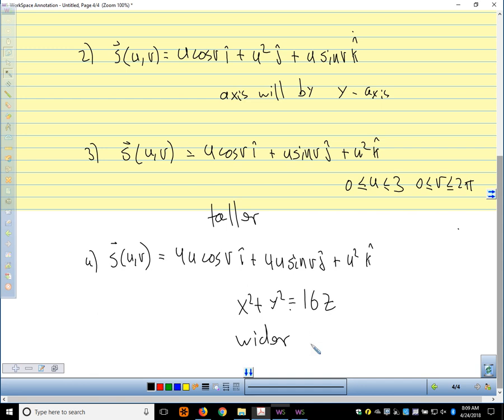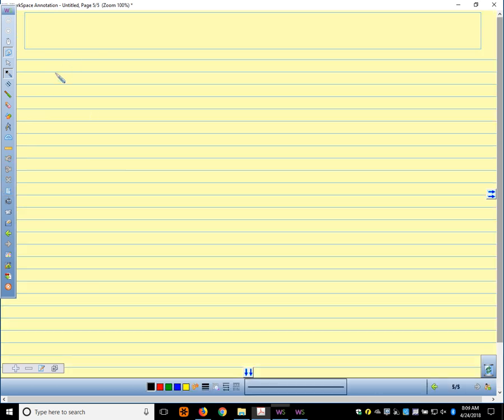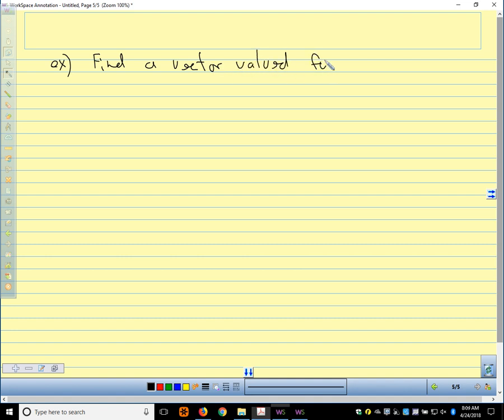Last one. Last example. This time we're going to go from rectangular coordinates to a parametric representation of the surface. So we want to find a vector valued function. This is another type of problem that you might see on the quiz.